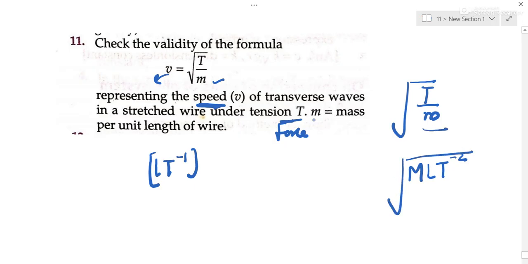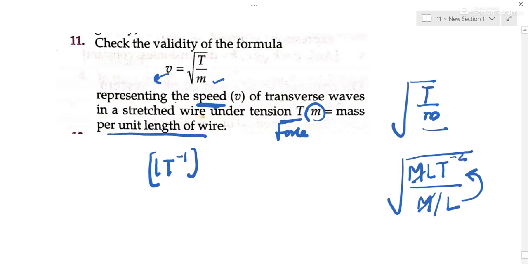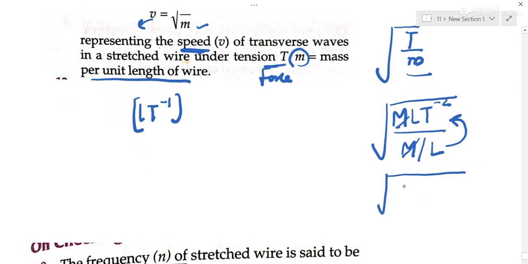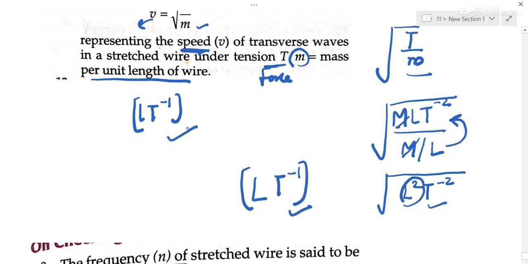And this is mass per unit length, so it is mass upon length. M, M cancel. L will go up. We have already done one type. L^2T^-2, what will come out is L, T^-2, what will come out is T^-1 out of the square root. So yes, right hand side is matching with left hand side. So this equation is also consistent.